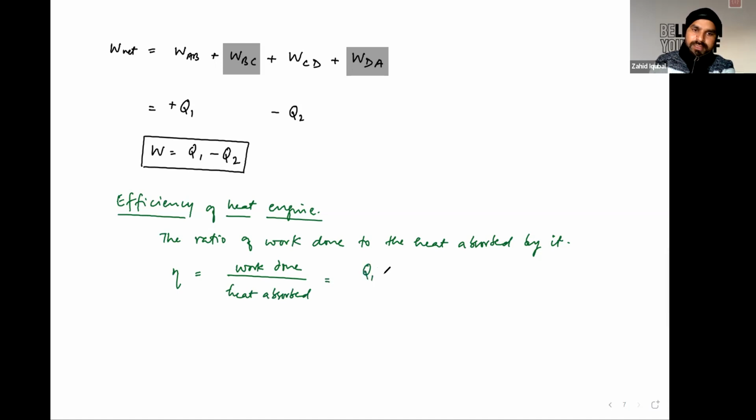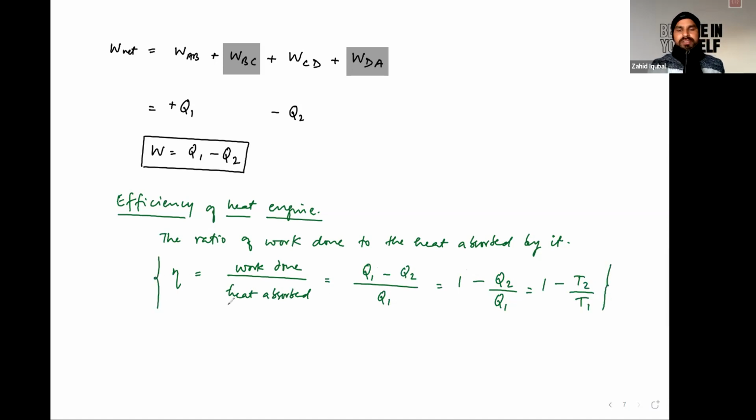Net work done is Q1 minus Q2 and heat absorbed is Q1. So if you simplify it, you will get 1 minus Q2 by Q1. And in terms of temperature, it will be equal to 1 minus T2 by T1. So this will be the formula to calculate its efficiency. Is it clear? Yes, sir. Okay, just write it down.